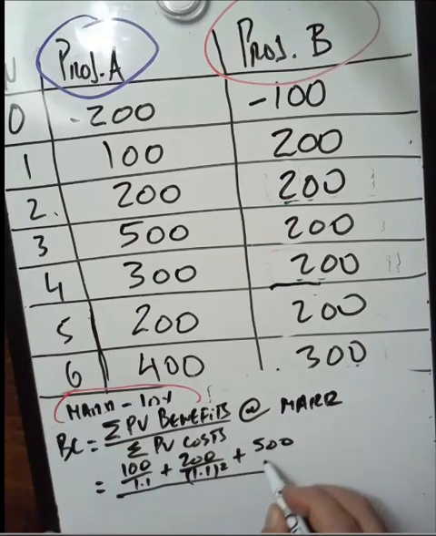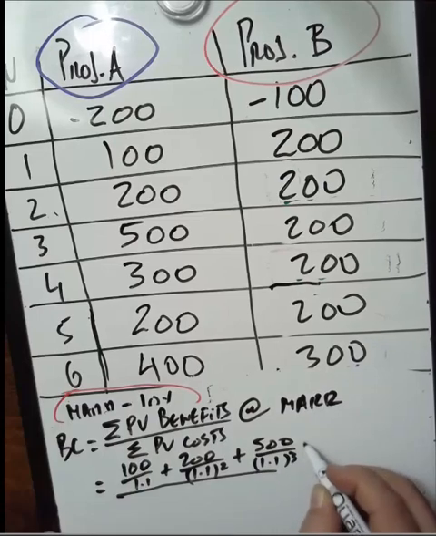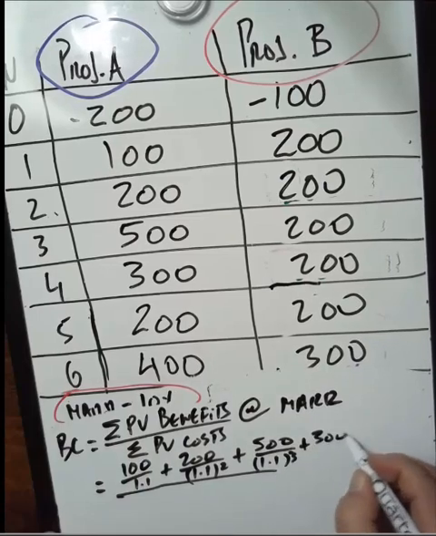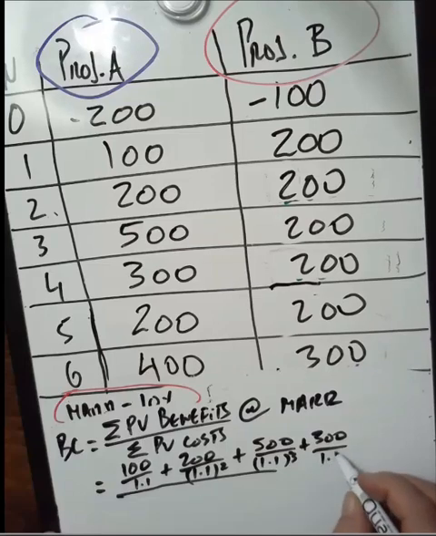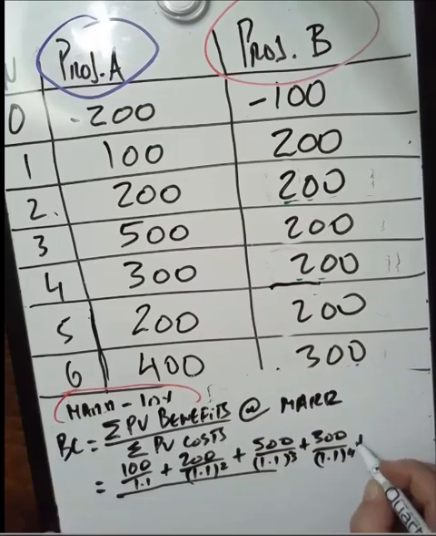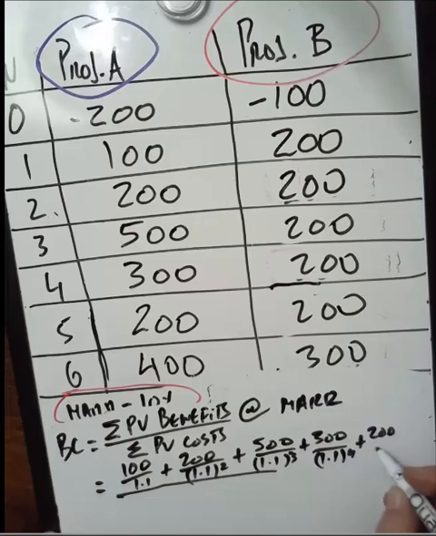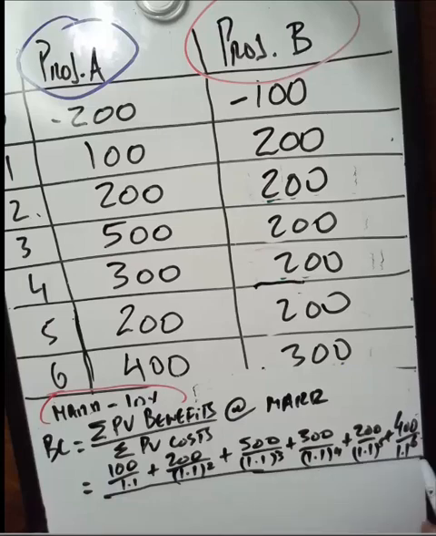So 500 discounted 3 years, then the 300 discounted 4 years, then the 200 discounted 5 years, and then the 400 discounted 6 years. That's all in the numerator, and in the bottom the present value of the costs.